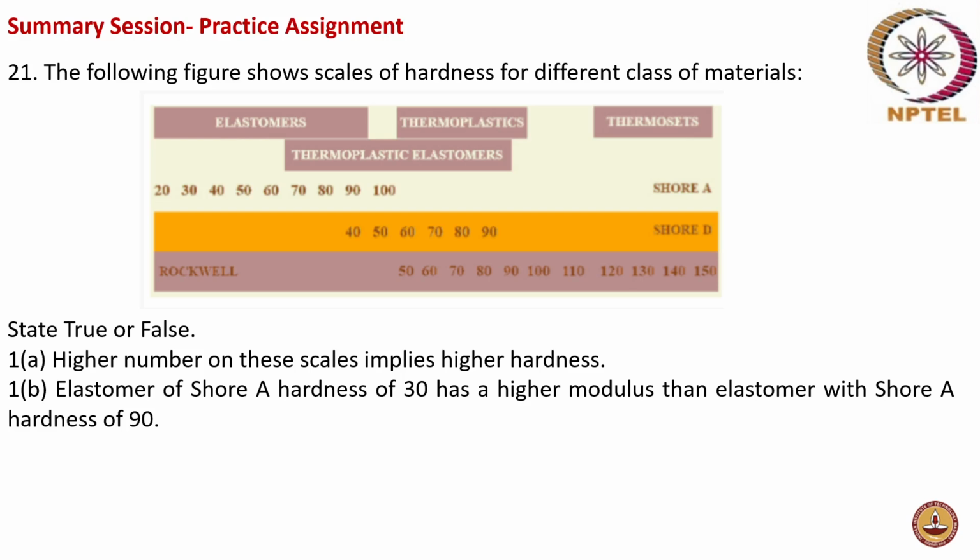You are right, the statement is false. When the hardness is lower, the modulus is lower. When the hardness is higher, the modulus is higher. It gives just an idea that modulus will be higher or lower, but it is not that hardness 30 means the modulus will be 30 Pascal, because these are empirical tests. Hope you got it, both of you. You're right, Revati. A Shore hardness of 30 having higher modulus than 90 is a false statement. Shore hardness 30 will have a lower modulus than Shore hardness 90.